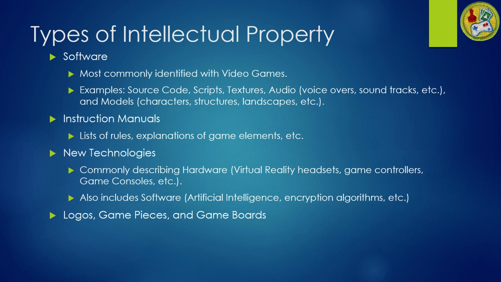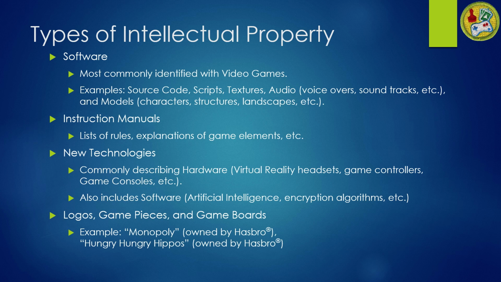Alright, we also have logos, game pieces, and game boards. I kind of lumped these three together for these two examples. Monopoly, owned by Hasbro, has an iconic logo, and I'll call him a mascot. You know, the guy with the top hat and the white mustache.